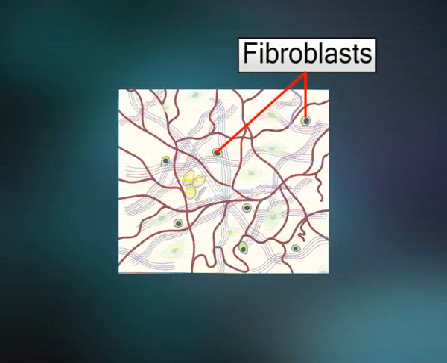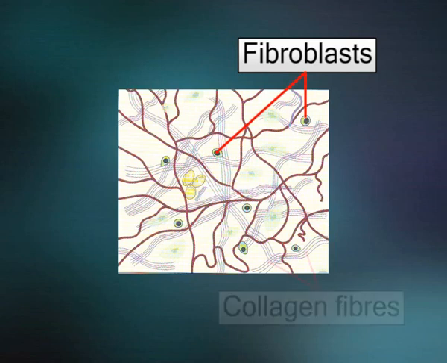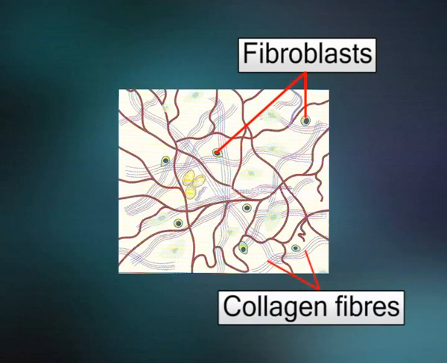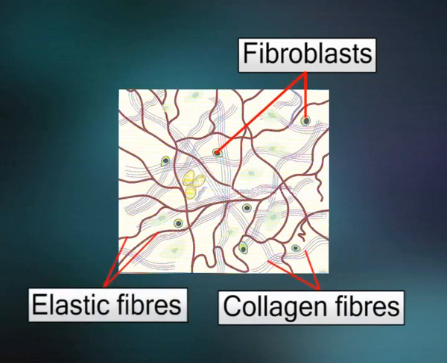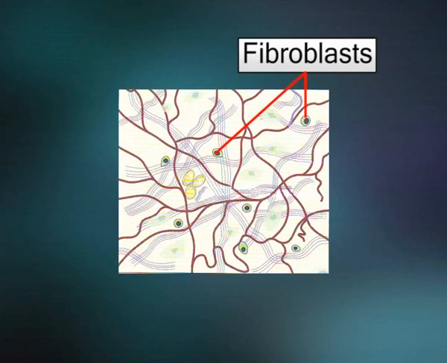The fibroblasts or cells of areolar tissue are separated by a non-living jelly-like matrix. The tissue contains collagen fibers for flexibility and strength, and numerous elastic fibers that enable it to be stretched. Cells called fibroblasts are widely dispersed in this tissue.